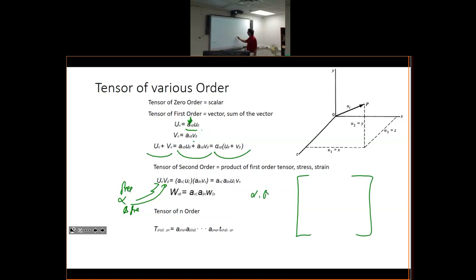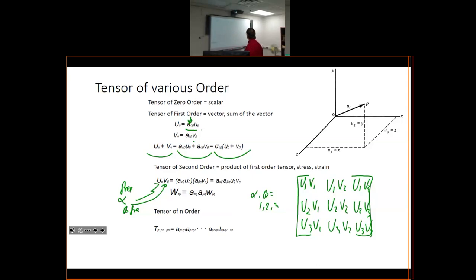If alpha and beta is 1, 2, and 3, then this would be U1 V1, first term, U1 V2, U1 V3. This is U2 V1, U2 V2, U2 V3, and U3 V1, U3 V2, U3 V3. Okay? So basically, we know that if we have two indices, they are free.